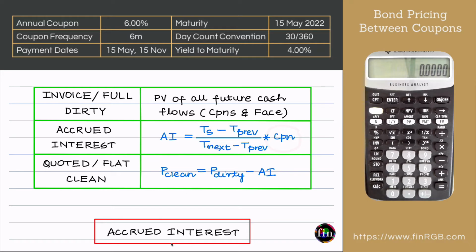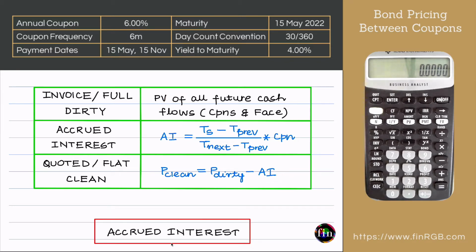Okay, now this is your dirty price, this is your accrued interest. The quoted price in the market, also called the flat price or the clean price, is simply equal to the dirty price minus the accrued interest.